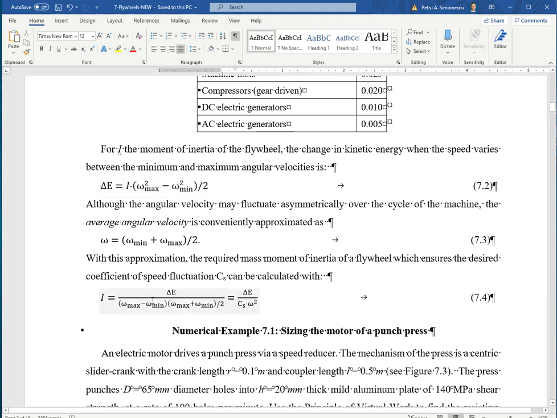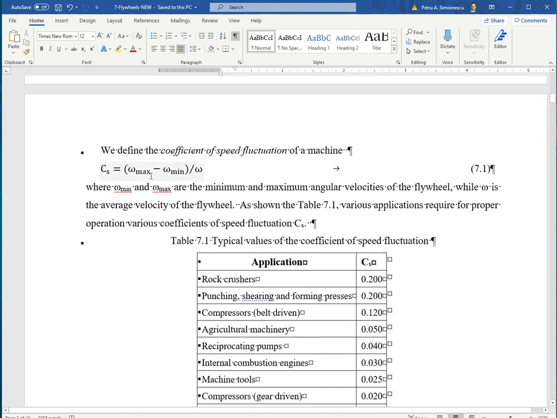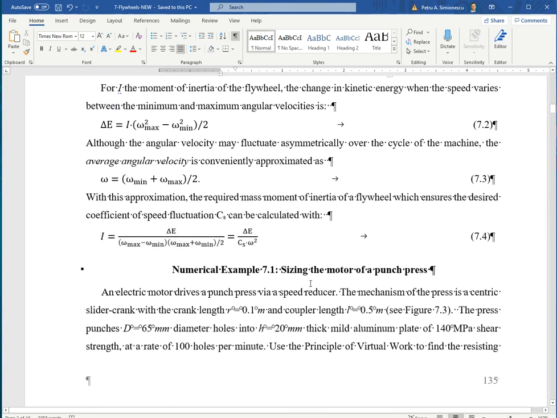Expand this as shown, and then recognize this term as being the average omega, and then if we multiply by average omega, we finally make use of the coefficient of speed fluctuation in this formula. So knowing the coefficient of speed fluctuation, the average omega, and the energy exchanged by the flywheel, then we can calculate the required moment of inertia of the flywheel.